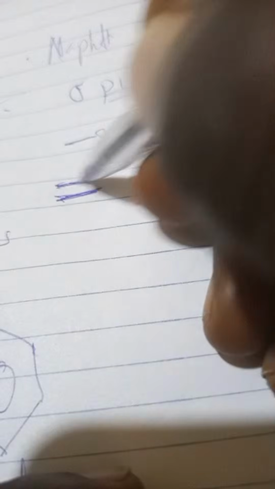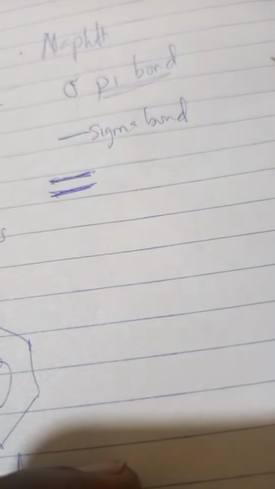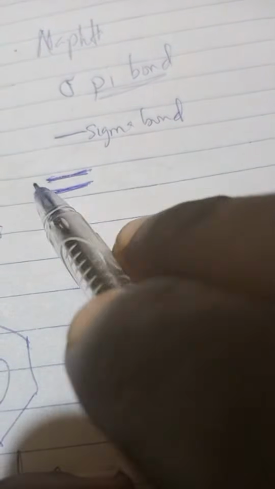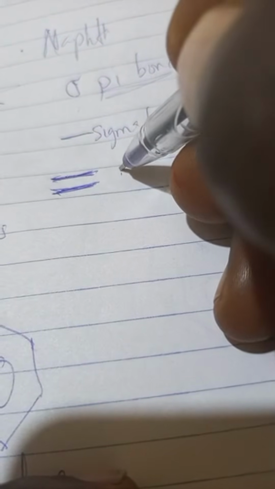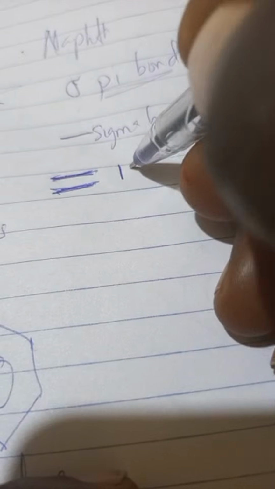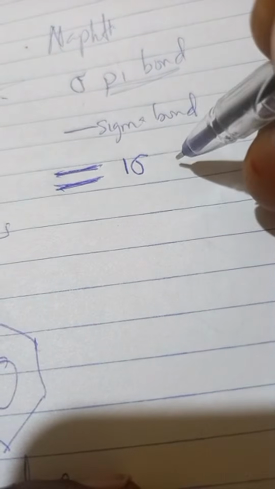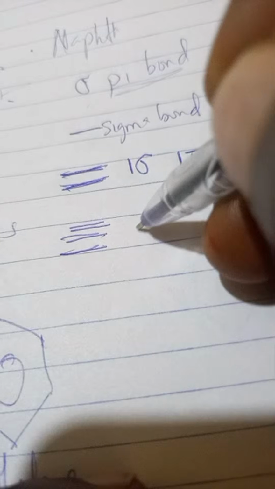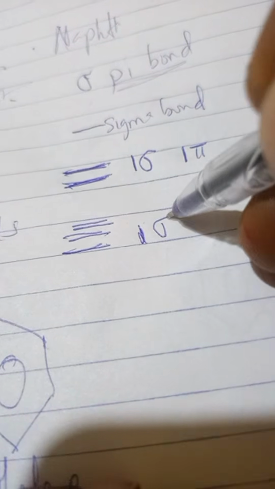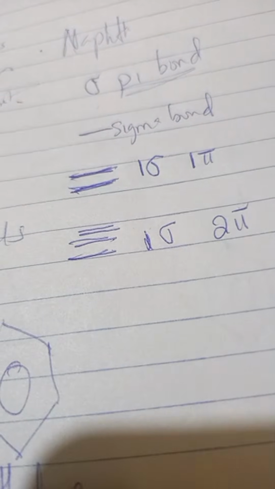Please be specific so I can know the exact thing you're talking about. A double bond contains 1 sigma bond, sigma is this symbol here, and then 1 pi bond. If it's a triple bond like this, it contains 1 sigma bond and 2 pi bonds.